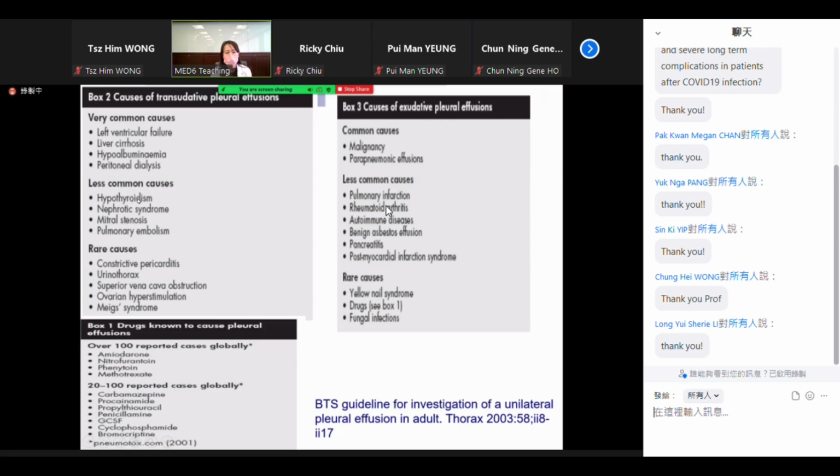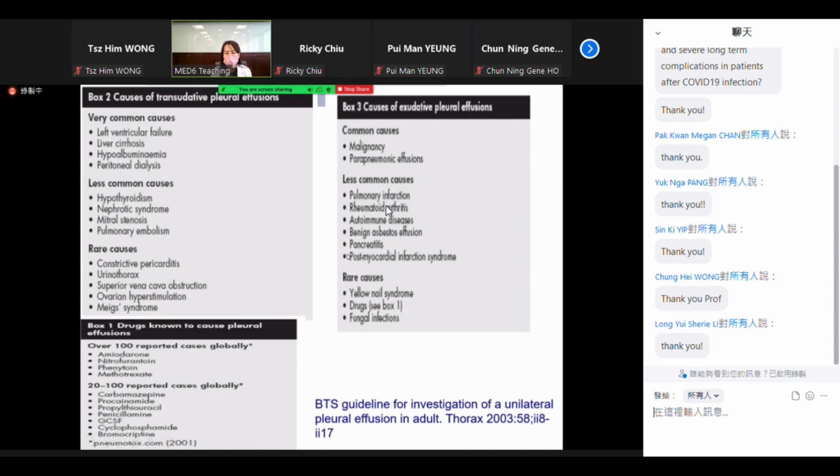Less common causes are hypothyroidism, nephrotic syndrome, and PE. Rare causes are Meigs syndrome, ovarian hyperstimulation, pericarditis. Meigs syndrome means the patient has CA ovary and gets transudative pleural effusion as a reactive cause.